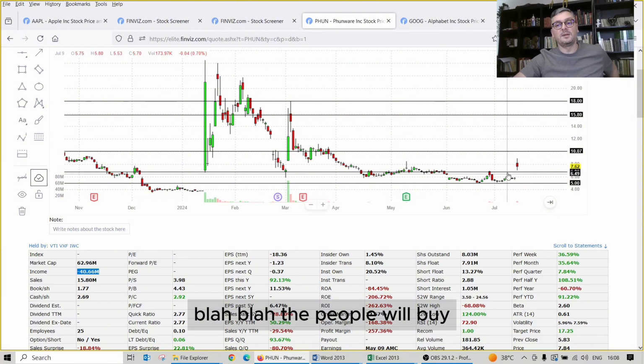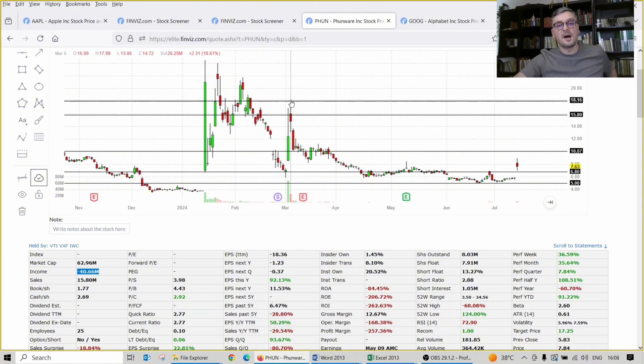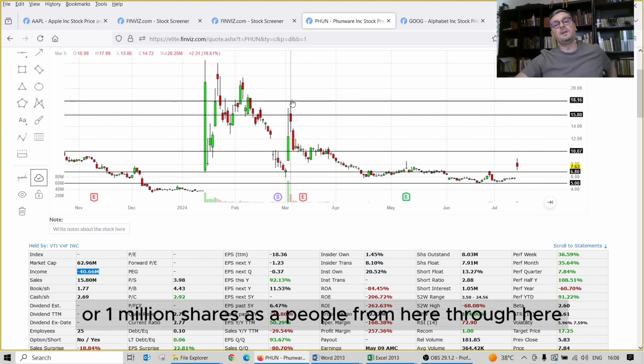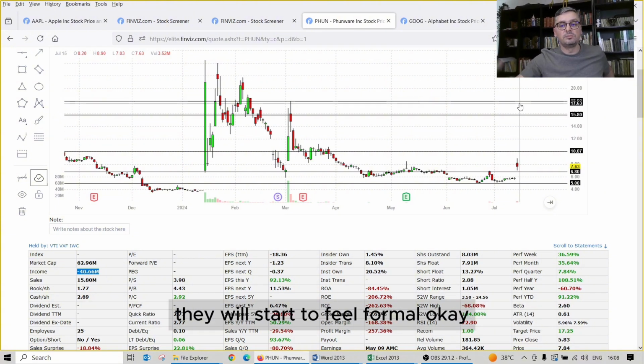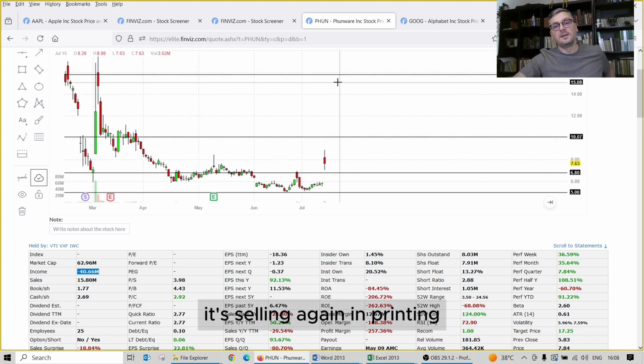The people will buy, and the price of the shares of this company will go up. At the maximum here, they'll offer packages of 500,000 or 1 million shares, and the people from here through here will start to feel FOMO, okay, and they will buy, and the market is selling again, imprinting pain and getting all the profits.